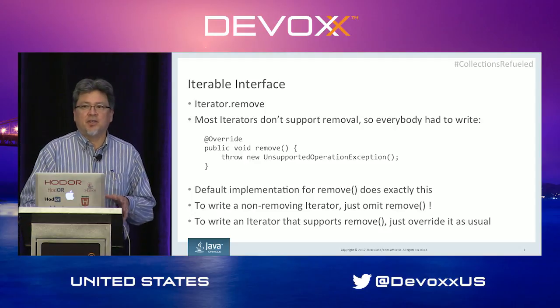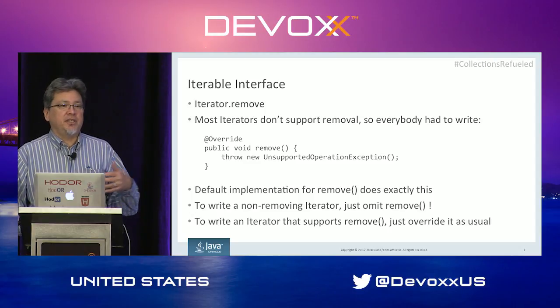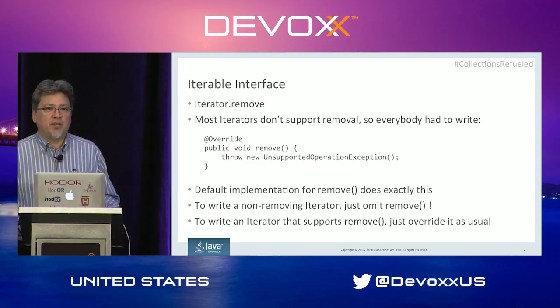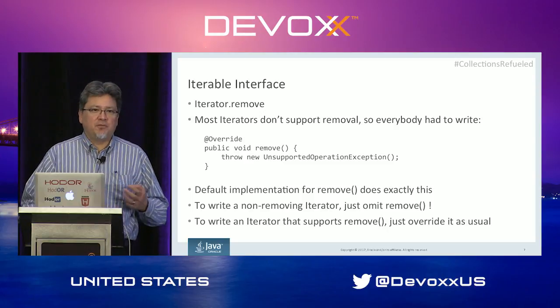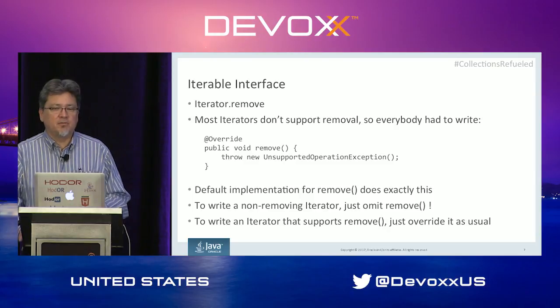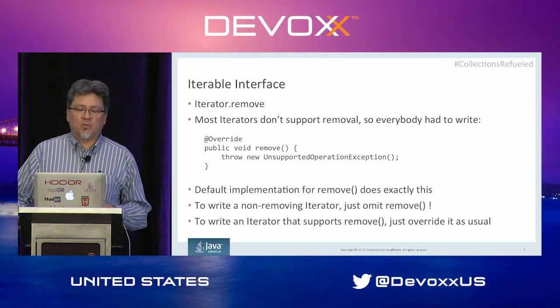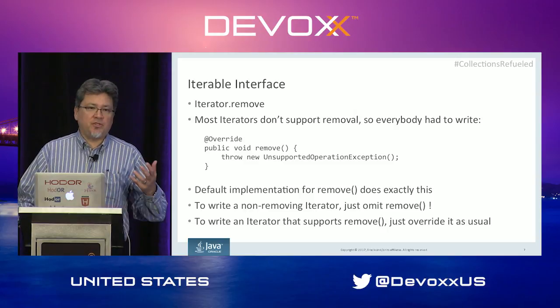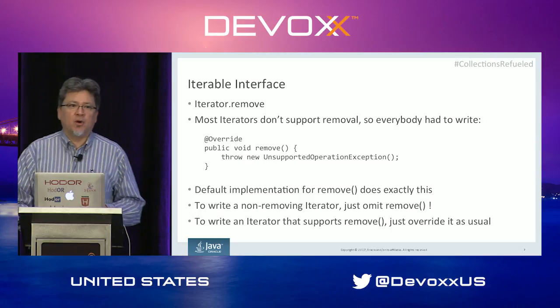So this is really nothing more than a convenience. If you're writing your own iterator, you don't have to override remove anymore, and if you don't, you get the default behavior, which is to throw an exception, which is pretty often what you want, because relatively few iterators support removal. But if you do want to support removal in your iterator, you just go ahead and override it like you always did.